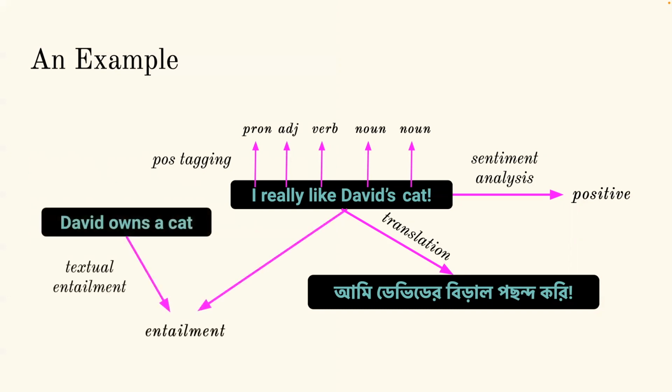And finally, we see an example of pair-wise classification, where we take another sentence, David owns a cat, and if someone gives you these 2 sentences, we can say that the second sentence follows from the first sentence. So this is called an entailment, and the task is called the textual entailment task. So here we have tried to show all kinds of NLP tasks in a single example.